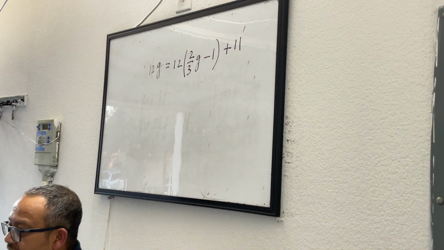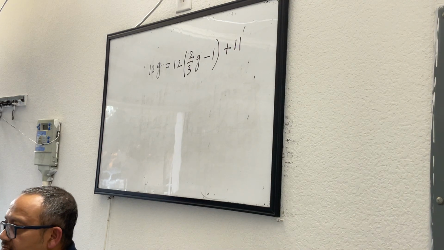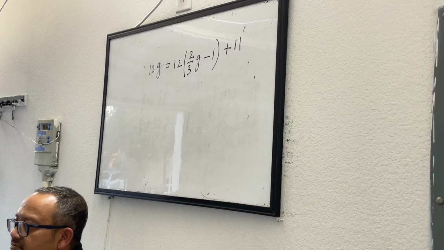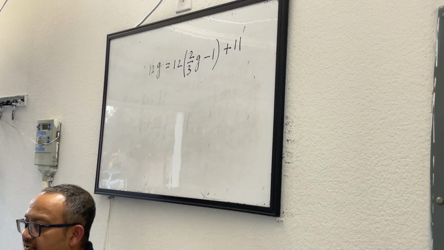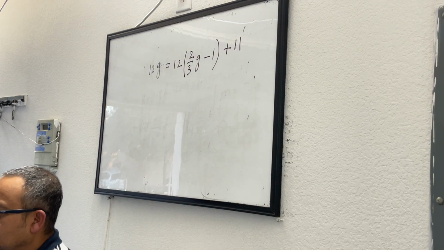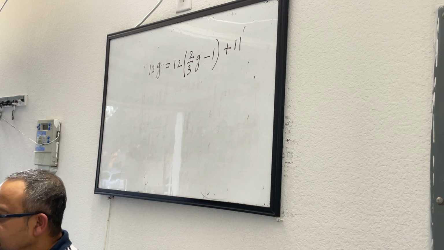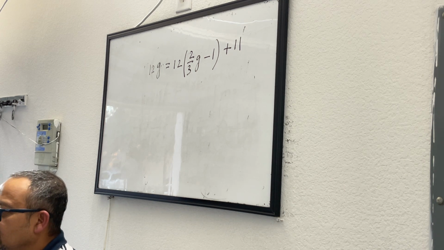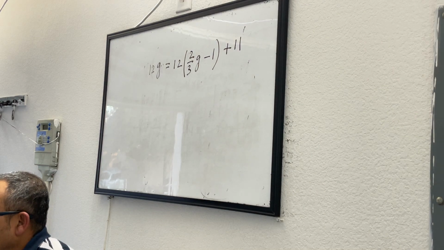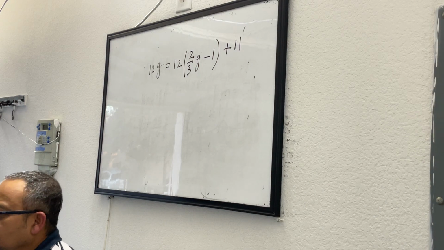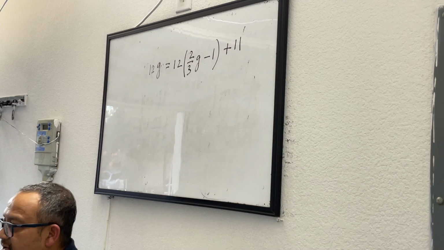Yes, Advik, what did you get? I got g equals negative 1 over 4. Okay. Sanvita? Yeah, I got g equals negative 1/4. Okay. Let me give 2 more minutes to everybody else.